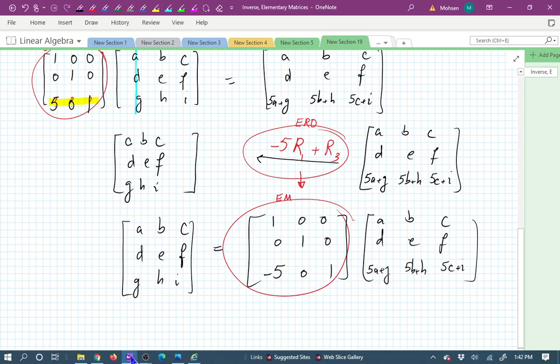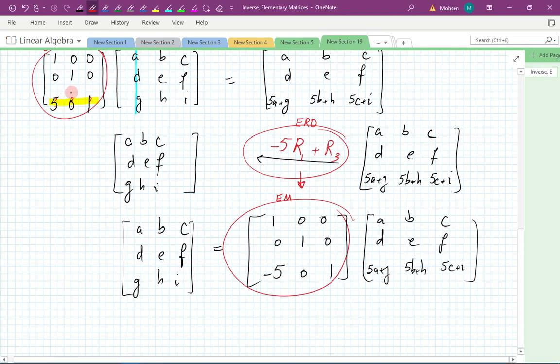Here we come and see this matrix, its action is undone with this matrix. This is the inverse of that, and it's a very simple inverse, that off diagonal entry has turned into the negative of itself. So inverse of this type of an operation is simply done by flipping the sign of that off diagonal entry.